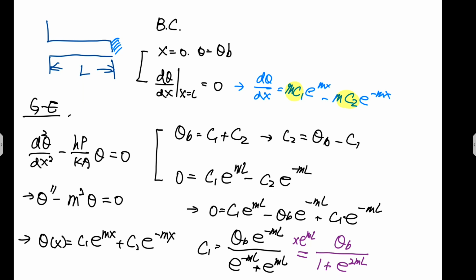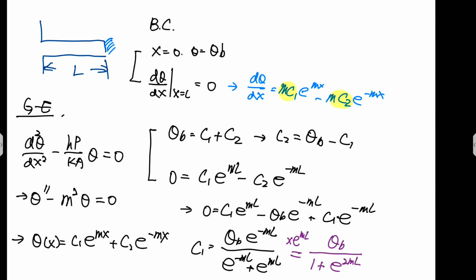Then of course you put it back into C2 and you get C2. I won't write it all out again, so I just give you the total answer for theta of x.